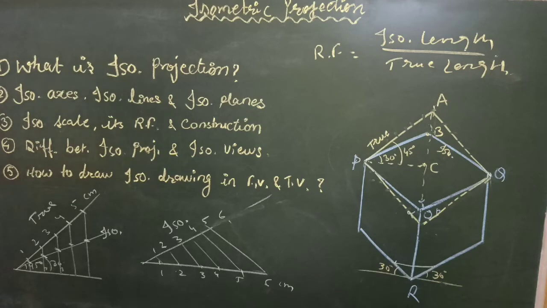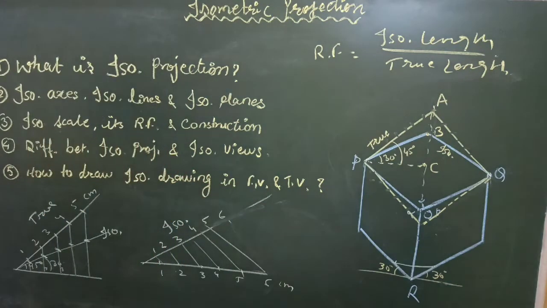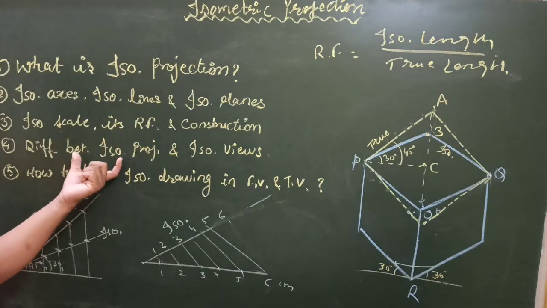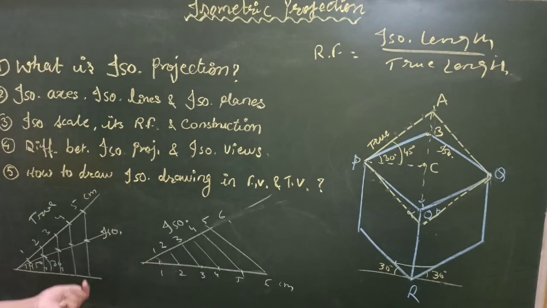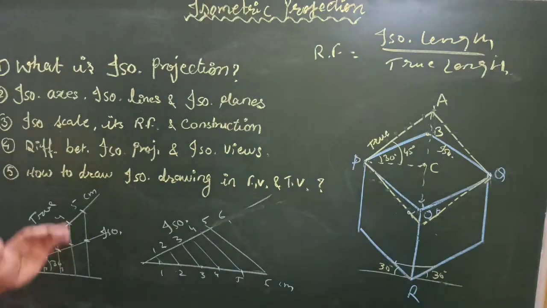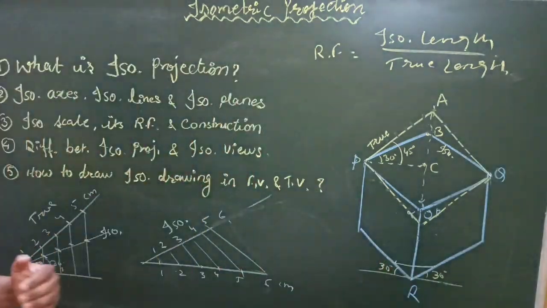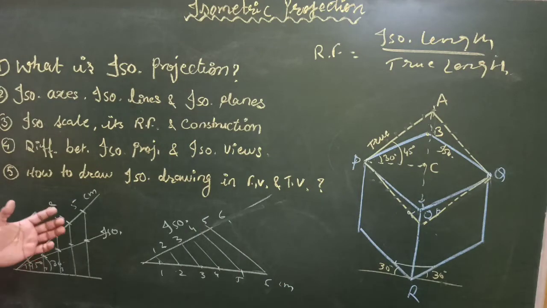Right, now let me give you the difference between isometric projection and isometric views. Isometric projection is when we use the scales and draw the isometric drawings. It means that the diagram is a little bit shorter compared to the actual size.